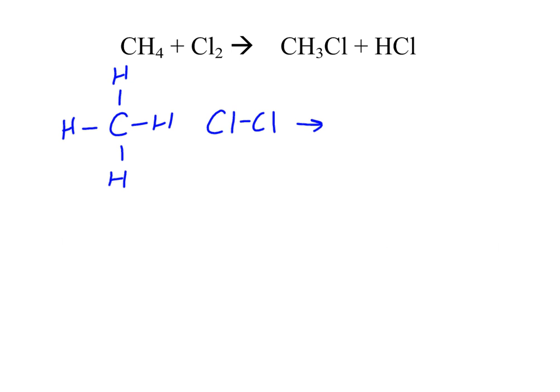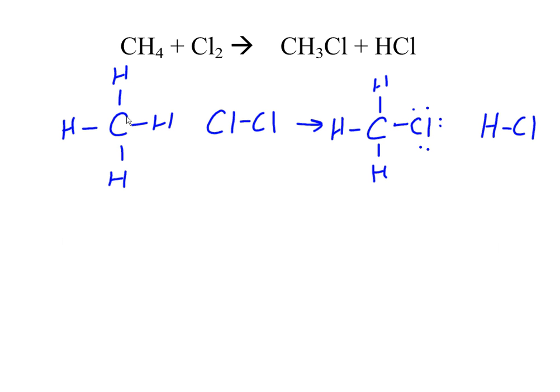Likewise, on our product side, we would have carbon, and then our hydrogens, again, using our dot structures. And then our hydrogen chloride, like this. So these would be the bonds that are involved in the reactants and the products.